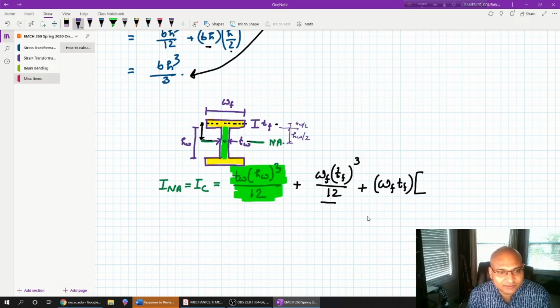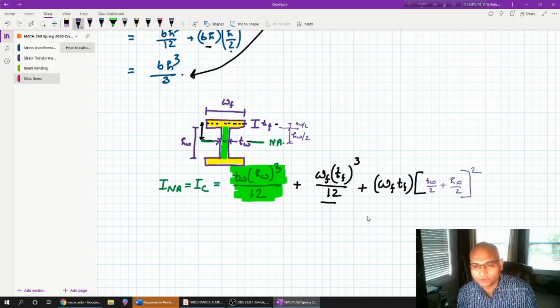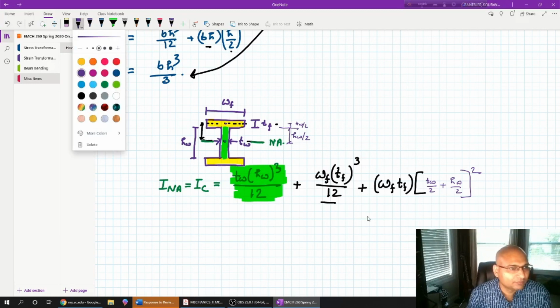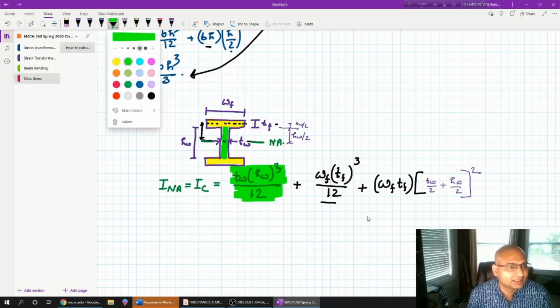That is the distance of the centroid of this yellow area from the CG of the whole area, which is on the green axis. So I can write TW by 2 plus HW by 2, that is the total D, whole square. So that is the moment of inertia with respect to the centroidal axis, which is the green axis.